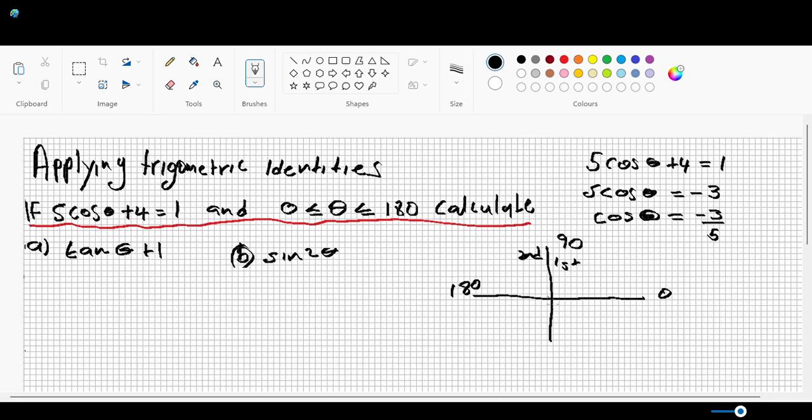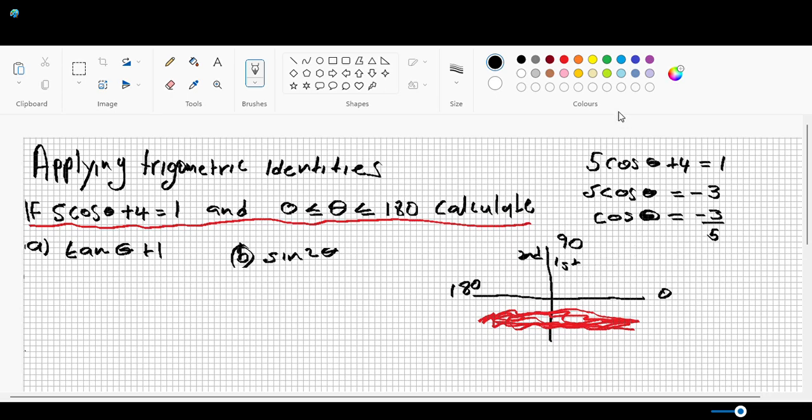Since theta should be within 0 to 180, the last two quadrants, quadrant 3 and quadrant 4, we're not going to use them. So you can scratch them out so that you don't get confused. You're only going to use the first and the second, and on top of this we need to choose one between these two. So how do you choose one between the two?